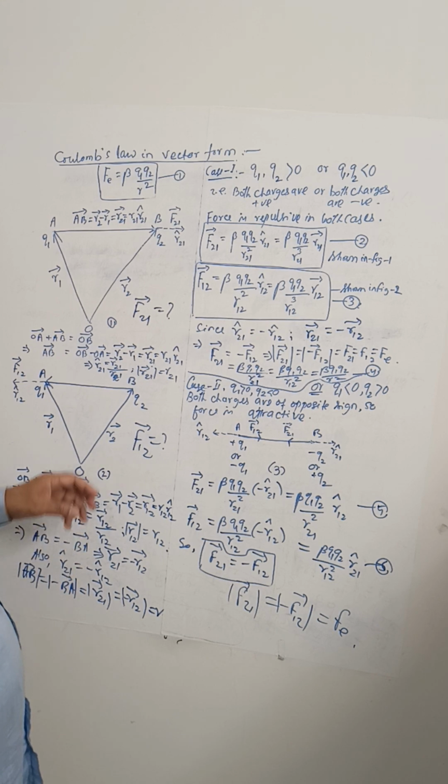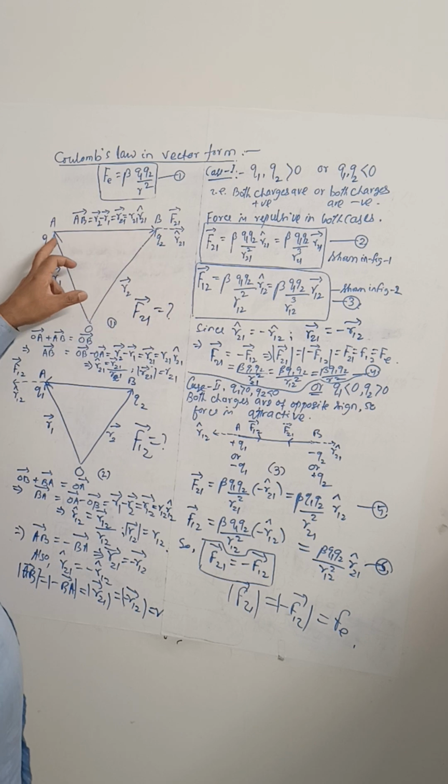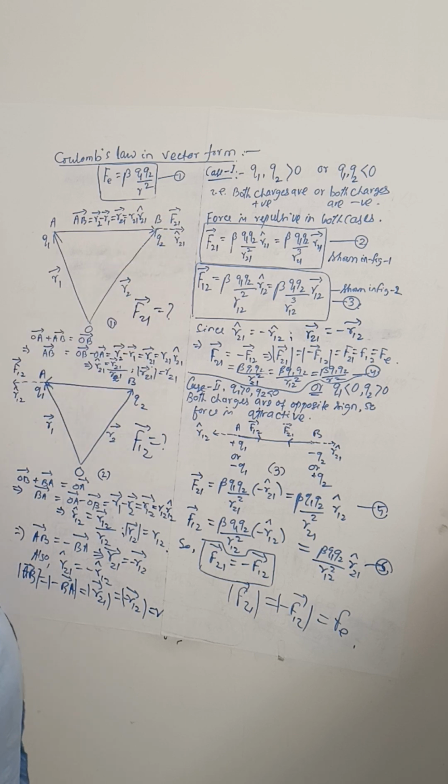Now let us calculate the force on Q2 due to Q1, given by vector F21.